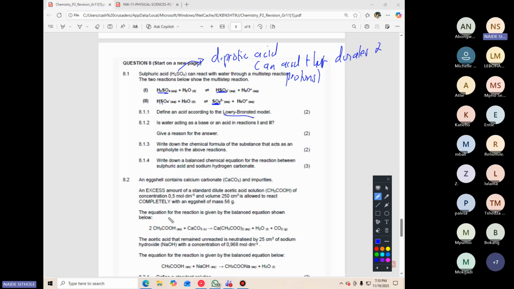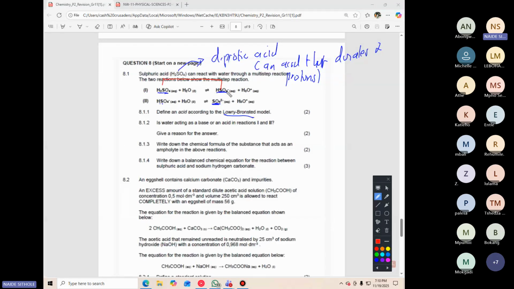Remember when I was teaching you conjugate acid-base pairs, I said it must go with the corresponding one. You can't relate different things. You can't take H2SO4 and relate it to H3O+. They are not the same things.